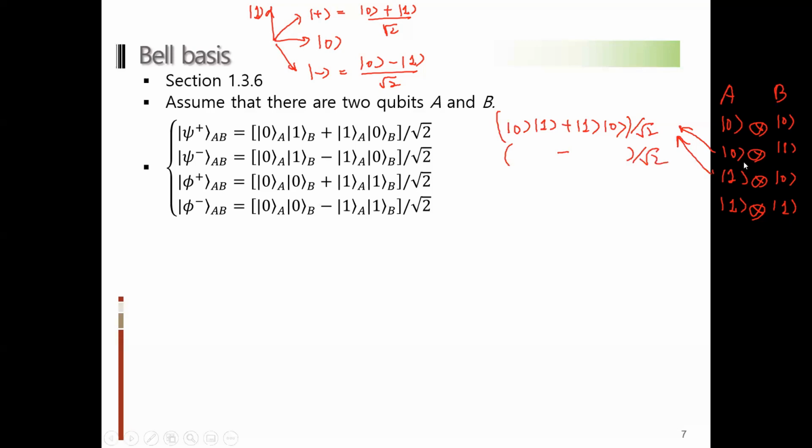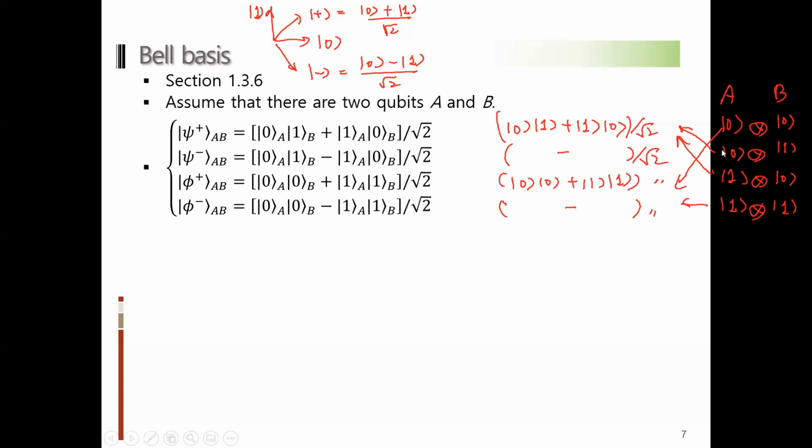And we only used these two, and then we can also combine the other two, which can be combined as 0, 0 plus 1, 1, or 0, 0 minus 1, 1, with the same normalization. So this is the definition of the psi plus and psi minus states.